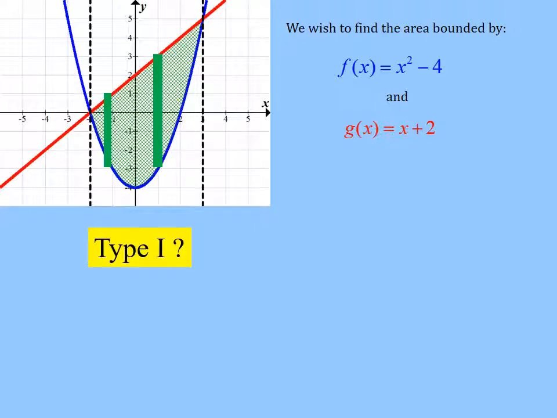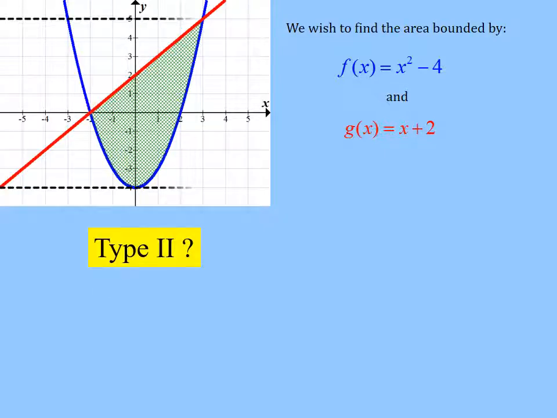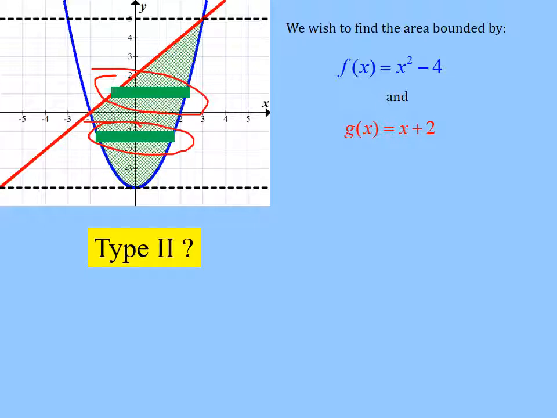And as you can see, any vertical rectangle in this region would go from the blue graph to the red graph. However, any rectangle drawn horizontally does not go between the same two functions. You have some that go from the red to the blue, and you have some that go from the blue to the blue. So that is not a type 2 region.